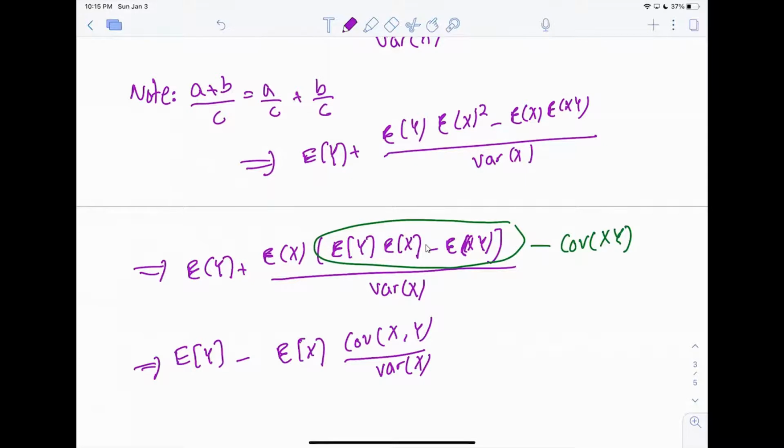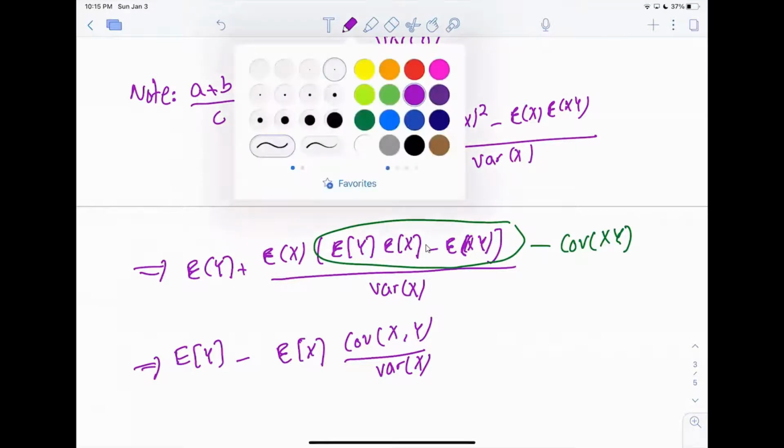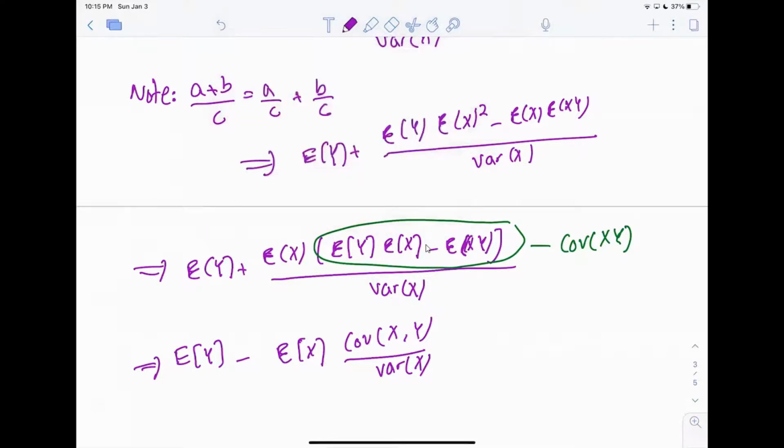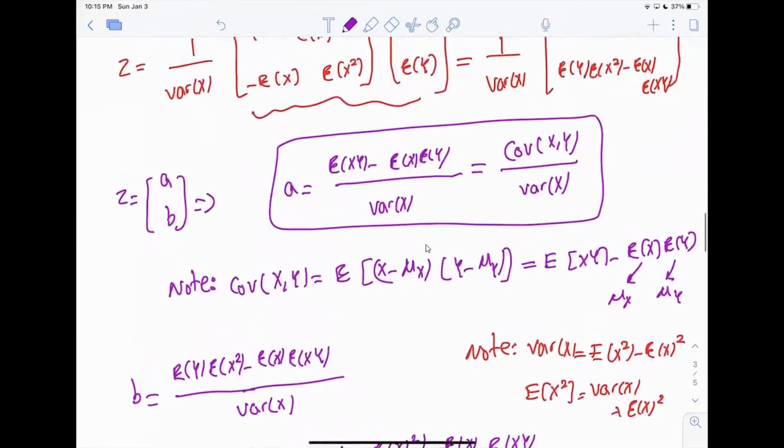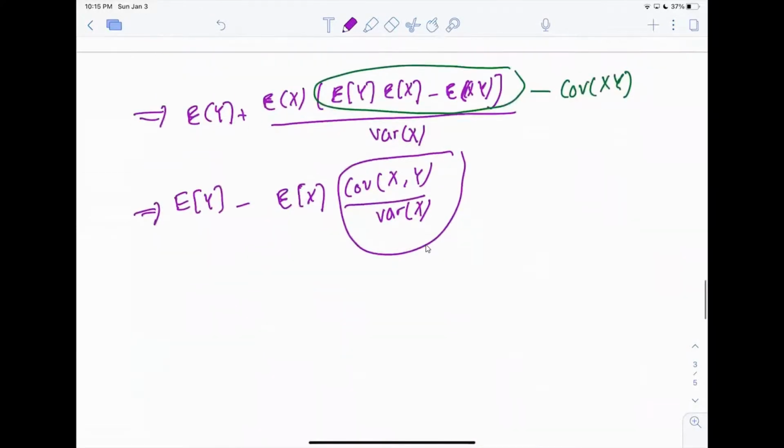But let's take a look at a very interesting fact here. Look at this one. Isn't that just a? This term is exactly a.